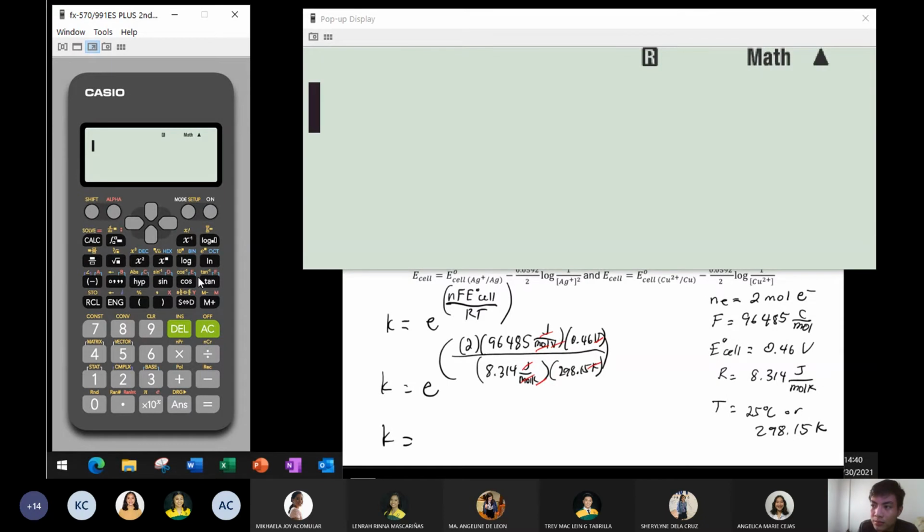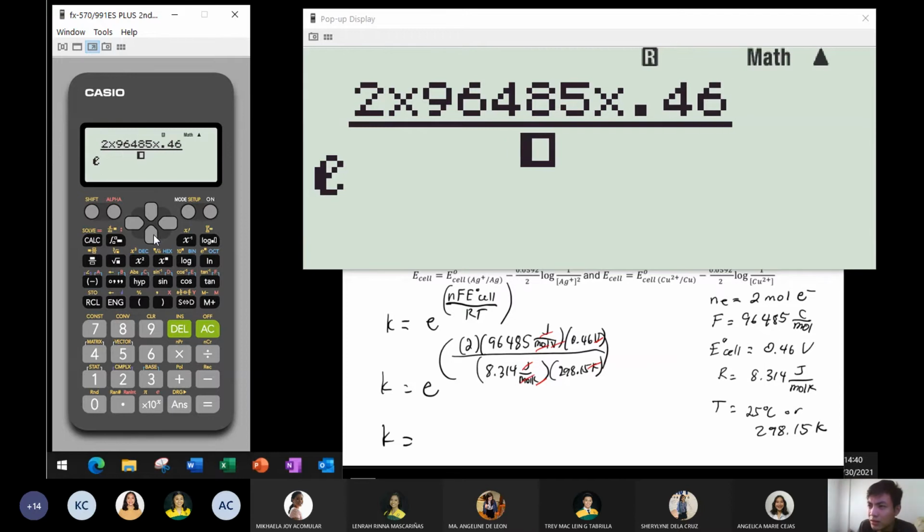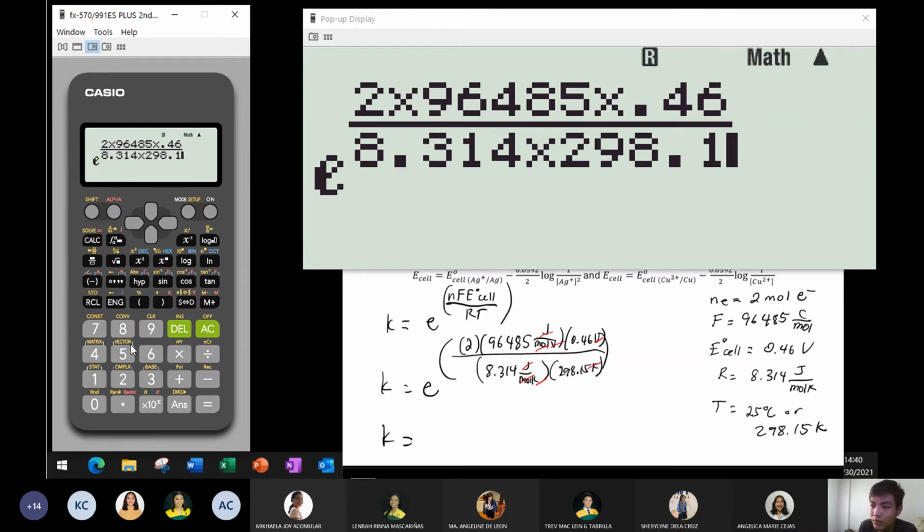So to access e, pag may nakita kayong ln, usually nasa taas nun yung exponential. So shift ln. Yan, lalabas yung e na yan. Okay, so that is 2 times 96485 times 0.46. Tapos sa baba, 8.314 times 298.15.